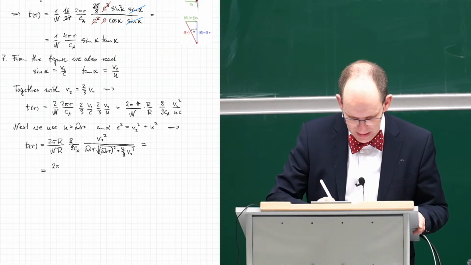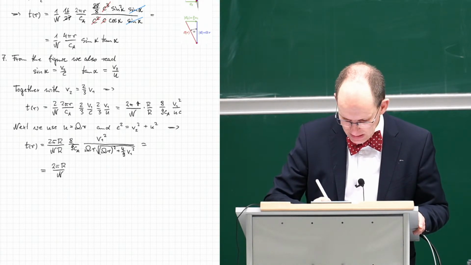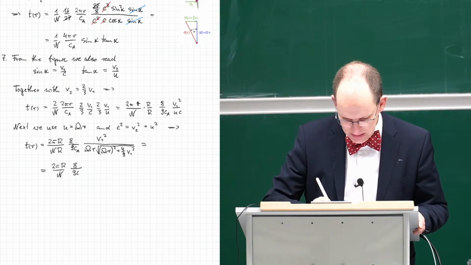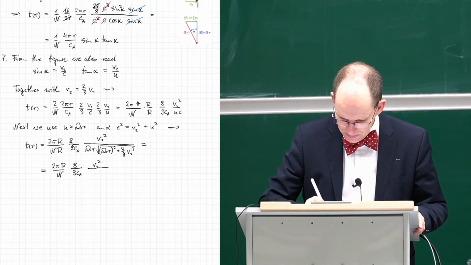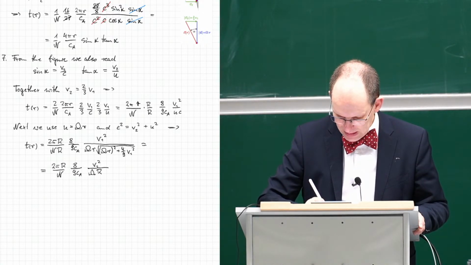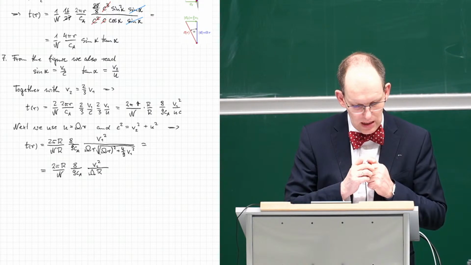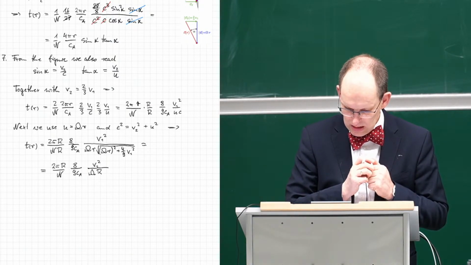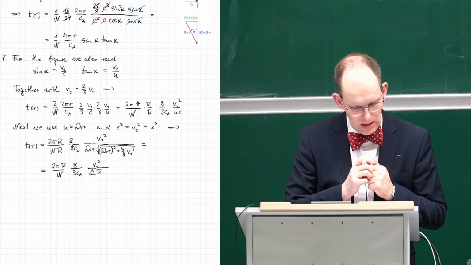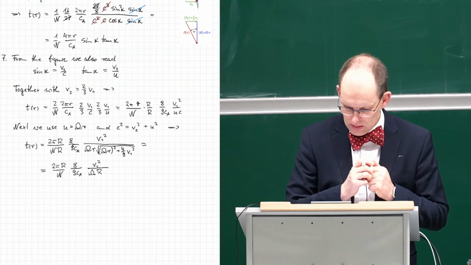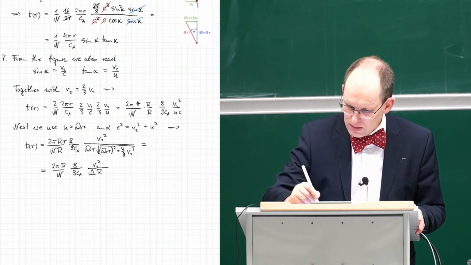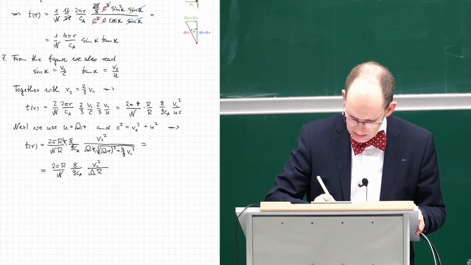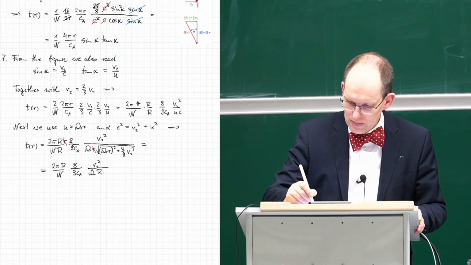So we have 2 pi times r divided by n, 8 over 9 times Ca, and then we have V1 squared divided by omega capital R. I forgot here an R, right? Which cancels here. Okay.